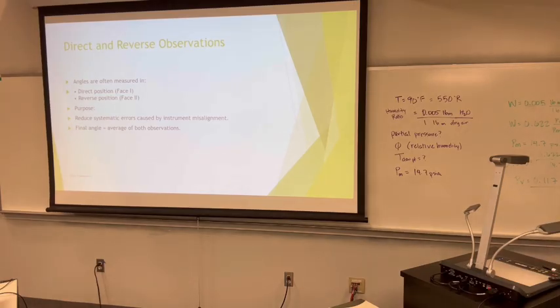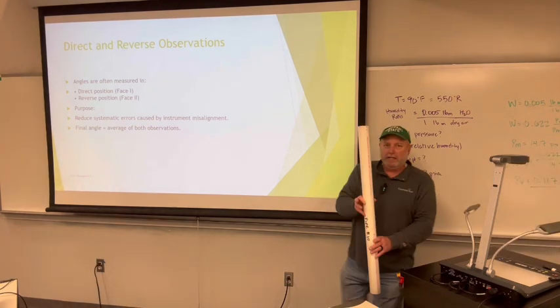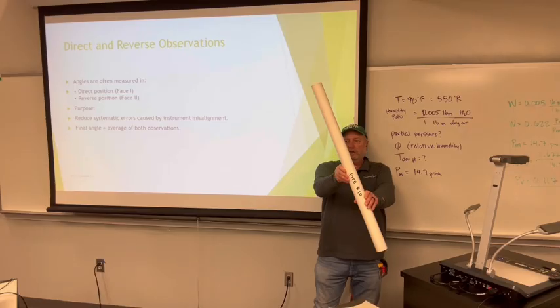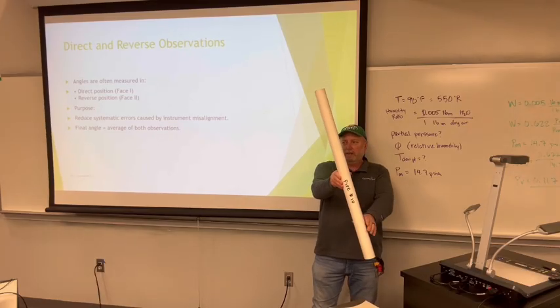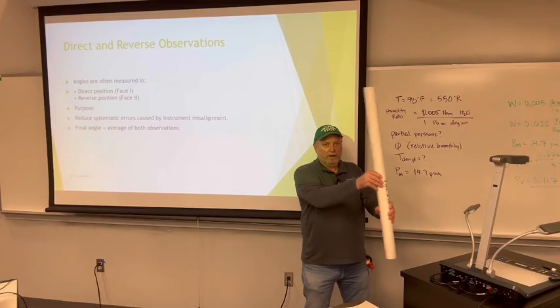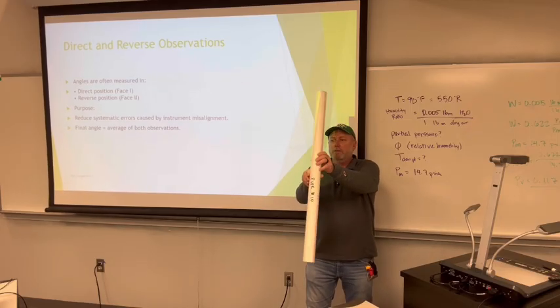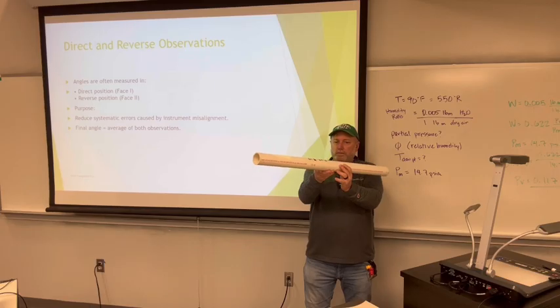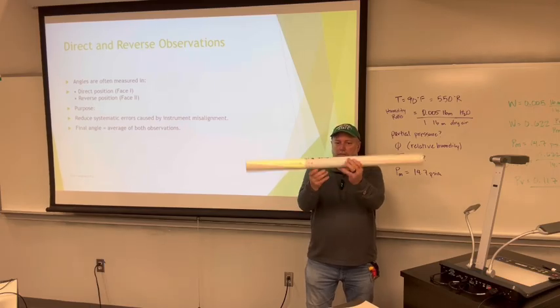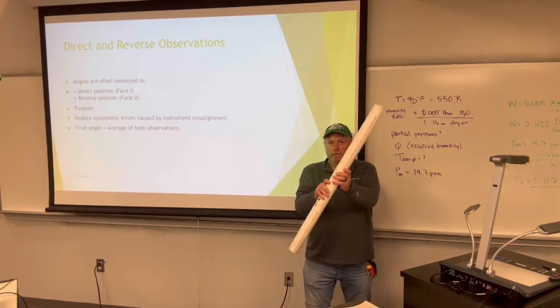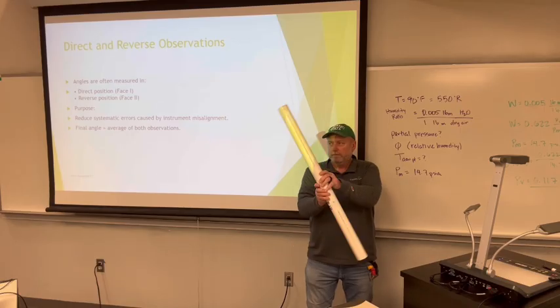I was drawing here to exaggerate, but to show the point. I'm looking through my crosshairs. Exaggerated, my crosshairs are not perfectly vertical. I turn and I measure my angle with these crosshairs. When I flop the scope, they're going to be the other way.